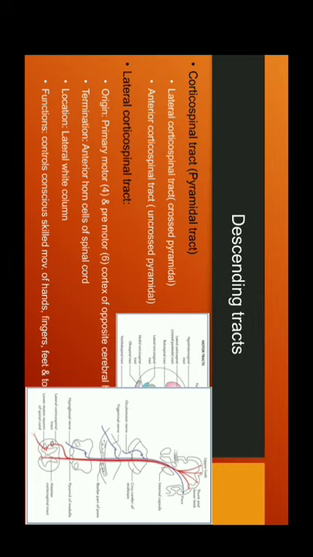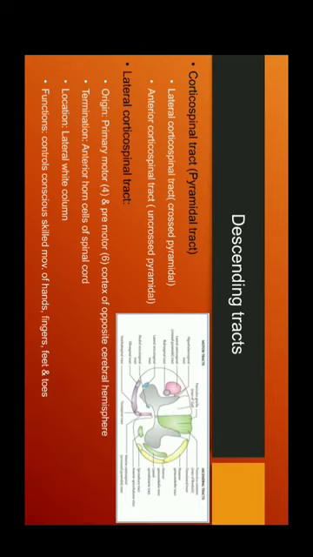A few fibers remain uncrossed and run vertically downwards, and they lie along the anterior corticospinal tract. This is the lateral corticospinal tract, and here is the anterior corticospinal tract.